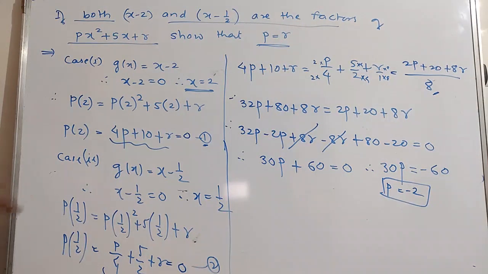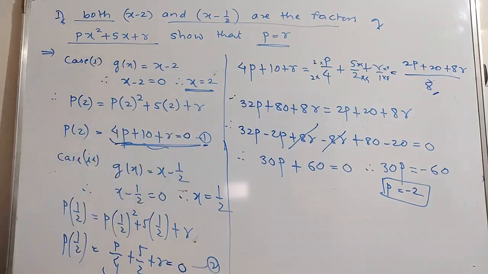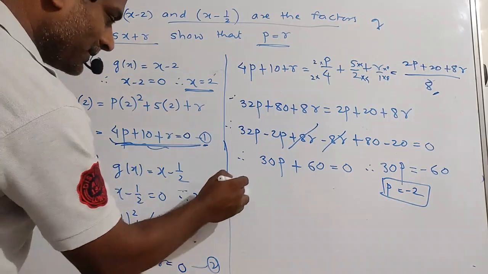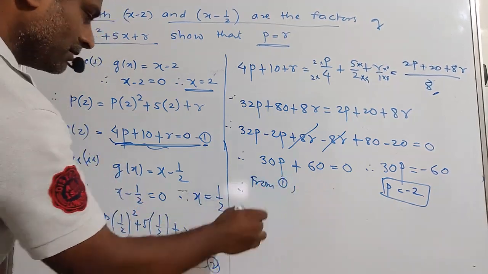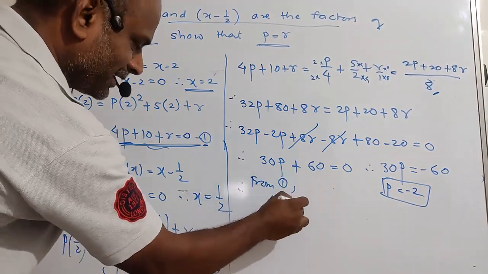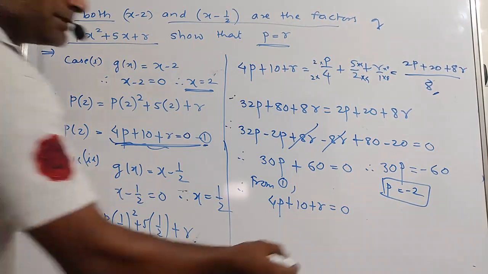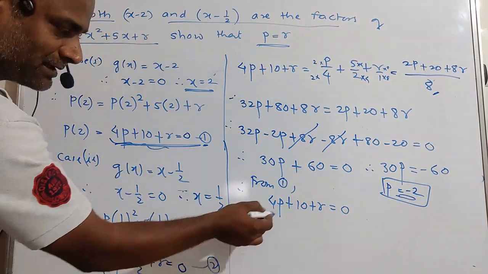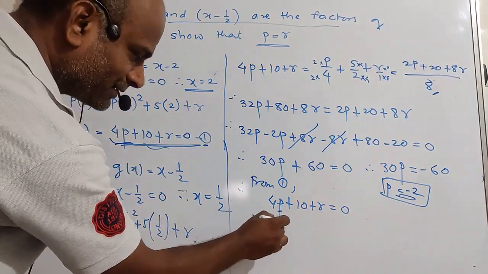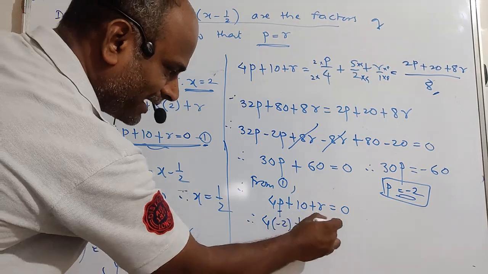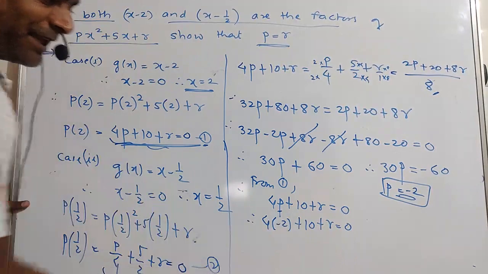Okay. Now I will substitute the value of P in any of these equations. Here the equation from 1 is 4P plus 10 plus R is equal to 0. And I have the value of P, that is minus 2, I will substitute here. So this becomes 4 into minus 2 plus 10 plus R is equal to 0. That is minus 8 plus 10.